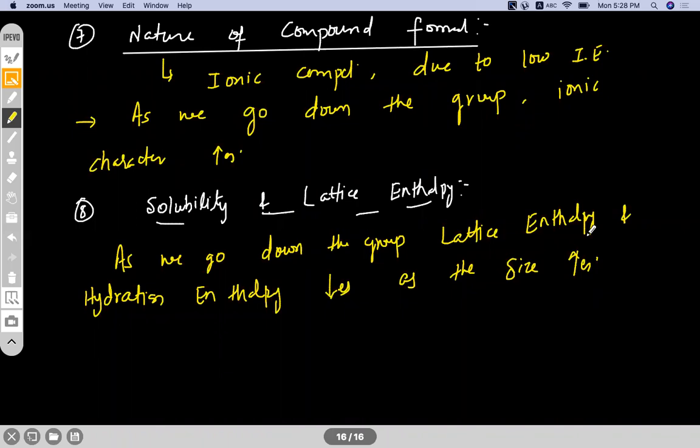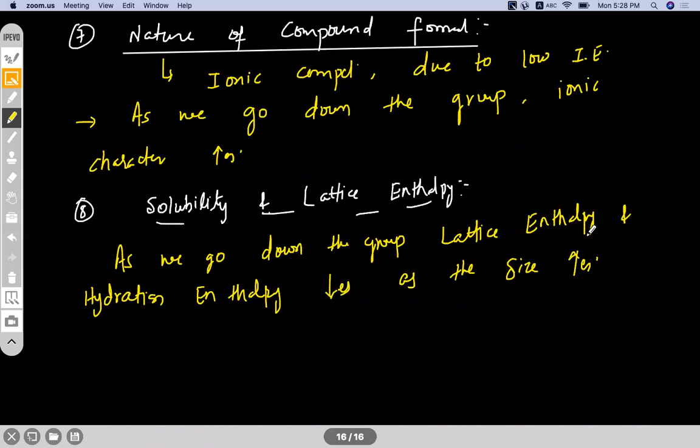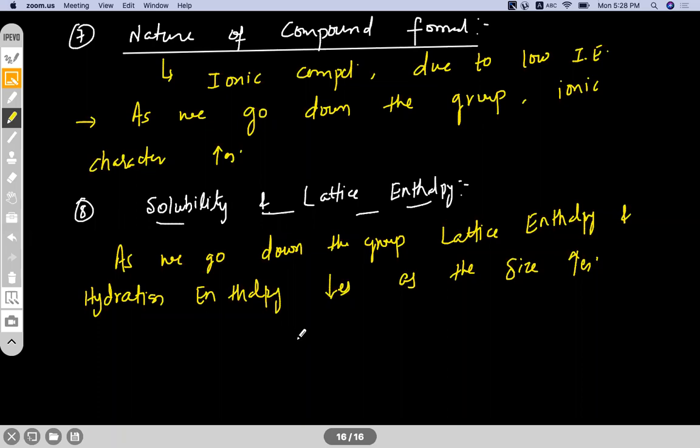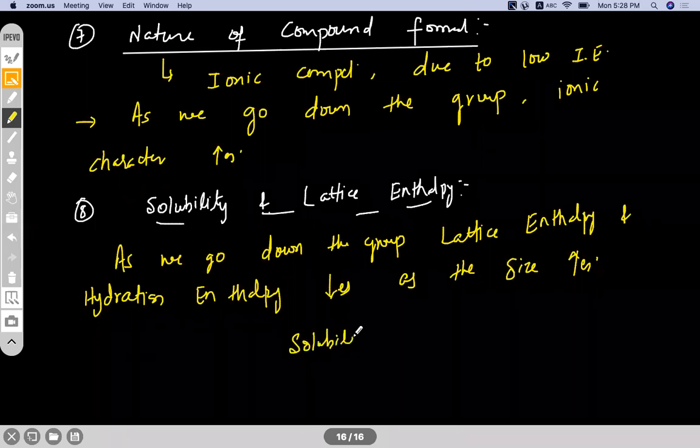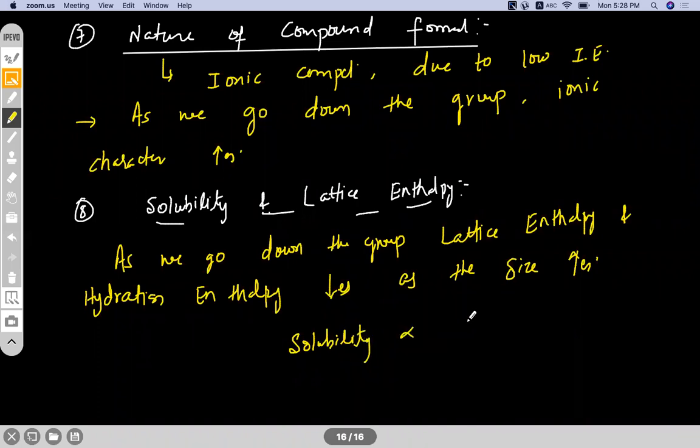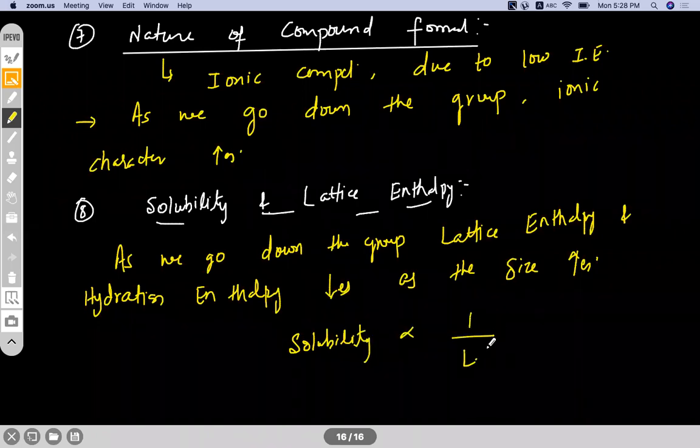So if lattice energy decreases, this means what? Solubility increases. So solubility is inversely proportional to lattice energy.